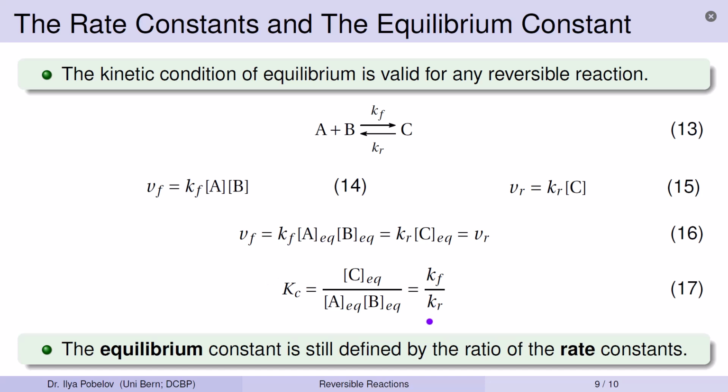This equation shows that even when the forward and reverse reactions have different orders, the equilibrium constant is still defined by the ratio of the rate constants. It underscores the circumstance that at equilibrium, the rates of the forward and reverse reactions are equal, leading to a constant ratio of product and reactant concentrations defined via the ratio of the rate constants.